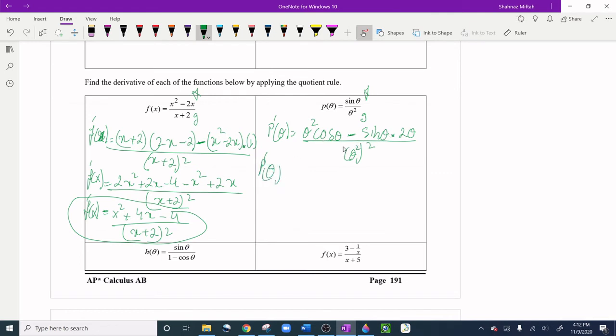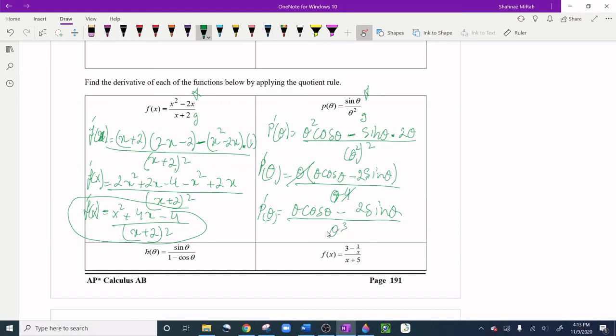I can't do anything else here other than take out theta as the common factor. So I got theta cosine theta minus 2 sine theta, because that theta is out. So I got theta to the power 4. Cancel out one of them. Then I got p prime theta equals theta cosine theta minus 2 sine theta over theta cubed.